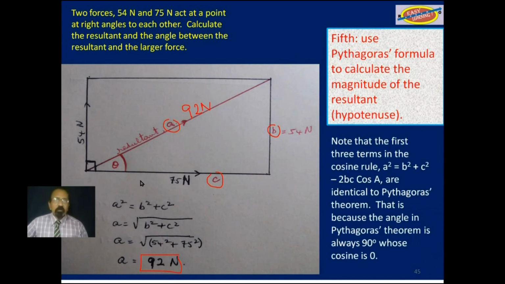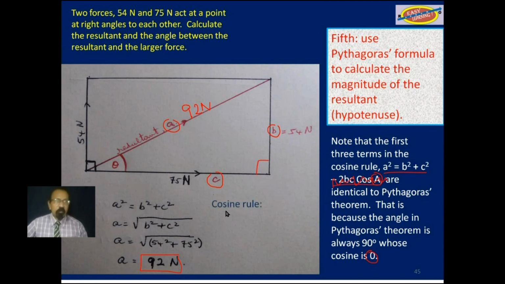Now you could have used the cosine rule, and I'll tell you why. You notice A squared is equal to B squared plus C squared, and then it continues with minus 2BC cosine A. But since this angle A here is 90 degrees, and we know that the cosine of 90 is 0, then this part of the cosine rule is removed.